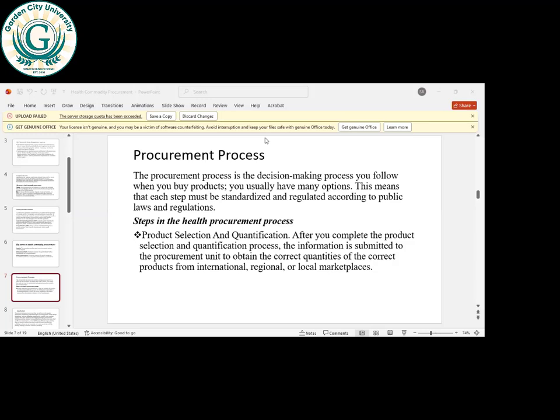When you talk of the restricted, you restrict the tendering process to only local companies. You don't want any foreign company to come in. Then you also look at the international, where any supplier anywhere in good standing can apply for it.